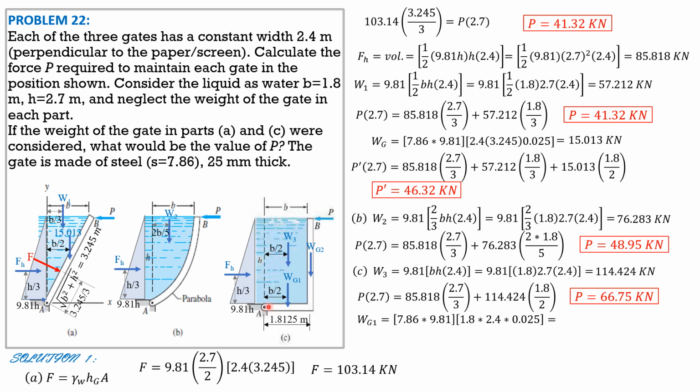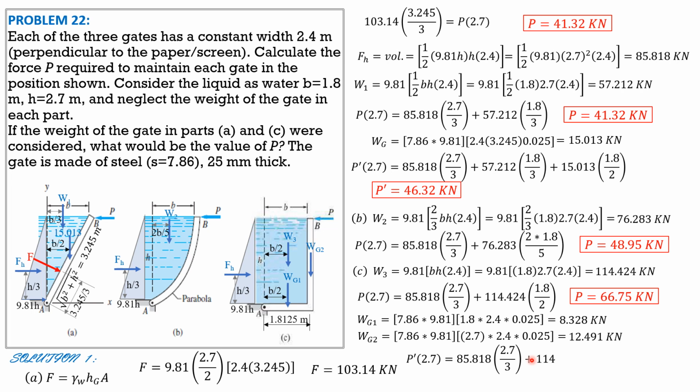That's the volume of this horizontal portion of the gate, and that is 8.328 kilonewtons. Weight G2 is equal to 7.86 times 9.81 times H 2.7, width 2.4, and thickness 0.025. Therefore it is 12.491 kilonewtons.